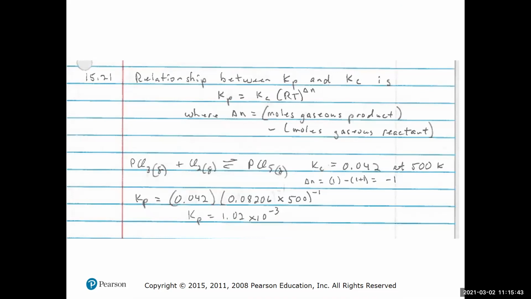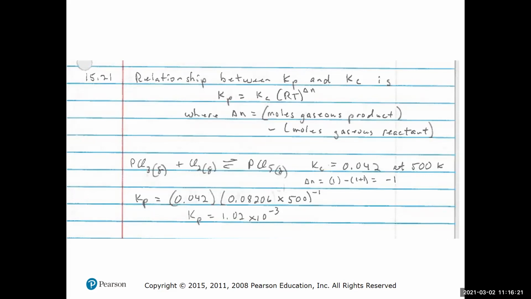Okay, so one of the things we needed to remember was we want to find a Kp. And one of the formulas that we discussed last week was the one I have written here. Kp equals Kc, so the regular concentration equilibrium constant, times RT, where R is the gas constant, T is temperature in Kelvin, raised to delta N. And remember, delta N was the number of moles of gaseous product minus the moles of gaseous reactants.